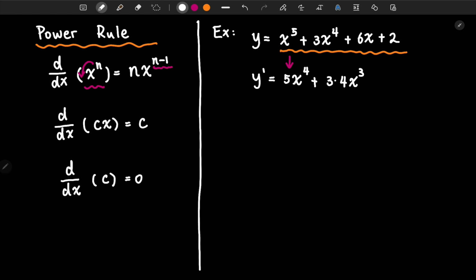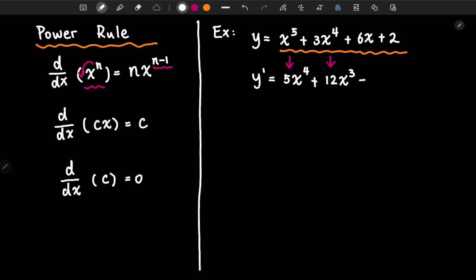You can also rewrite this term as 12x to the third power. So we've done the power rule for the second term.